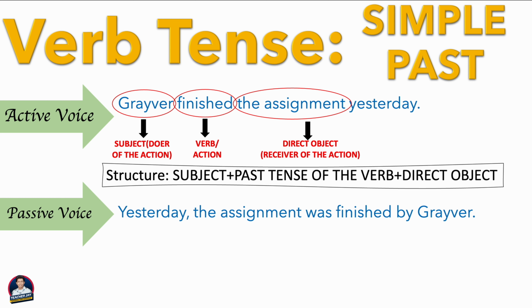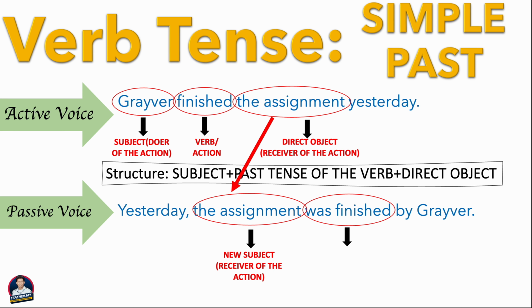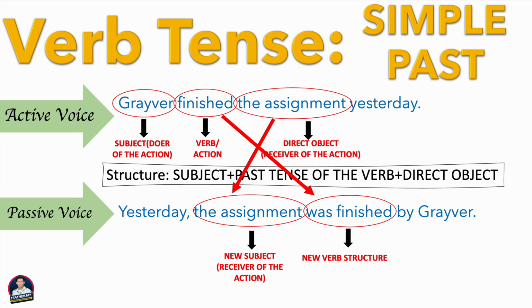So in this example, we have a new subject, which is the assignment, whose role is the one receiving the action, which is was finished. And as you can see, there's a new verb structure here, from finished to was finished. And then by Graver, the doer of the action here.